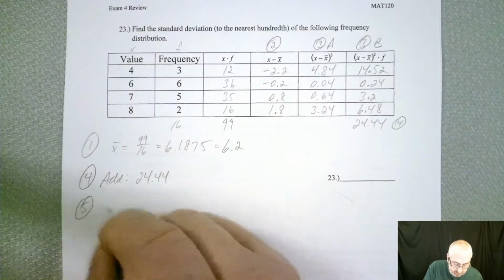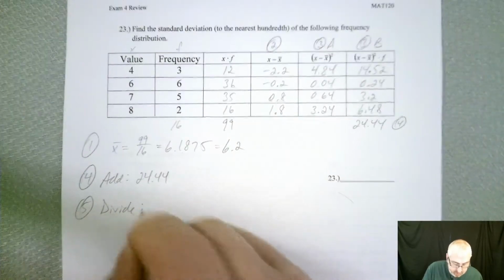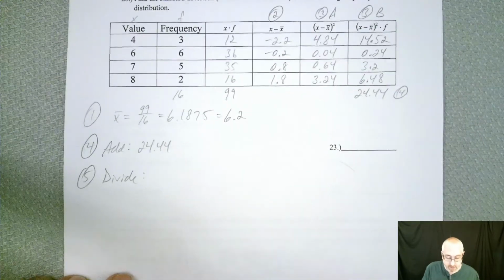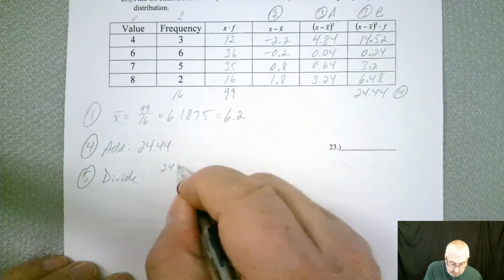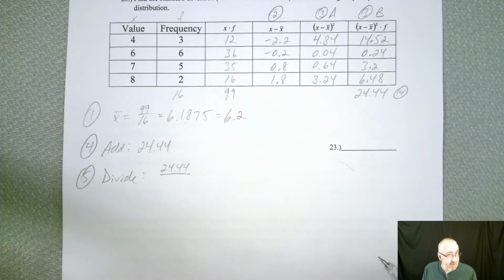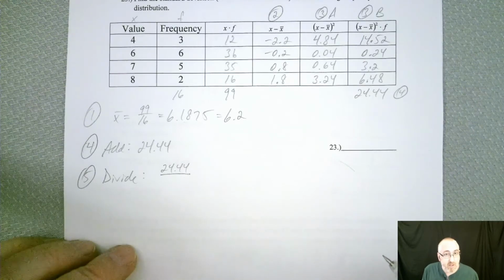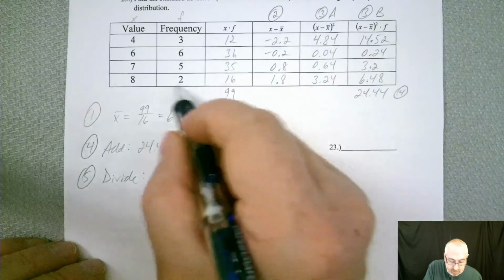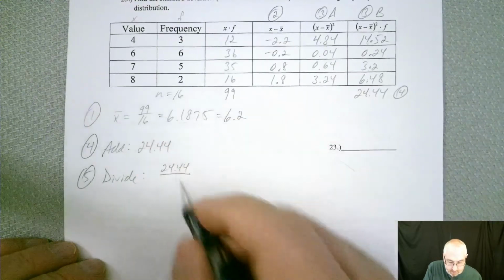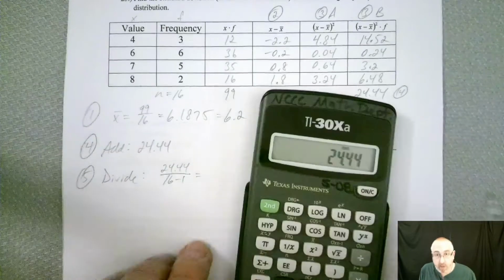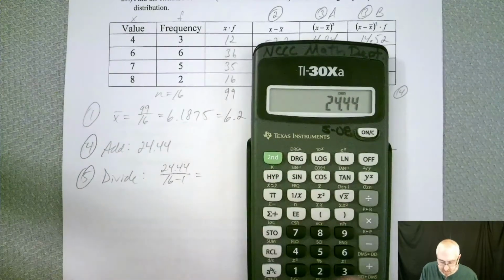Step 5 is divide. And so we want to divide our 24.44 by what? Remember, it's n minus 1, and this is our n. So 16 minus 1, so we want to divide that by 15.